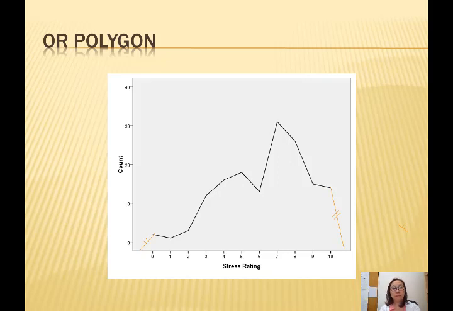You have a choice there. With the polygon, you want to make sure that the number or the line that represents the frequencies is not kind of floating in midair. So we anchor it down to the horizontal line with 2 dashes in between, or just bring down a dotted line to kind of anchor it to the horizontal line.